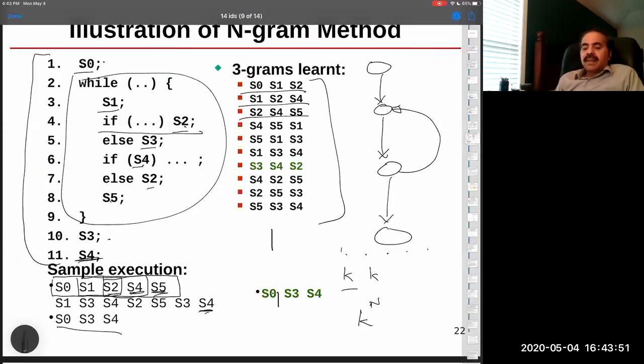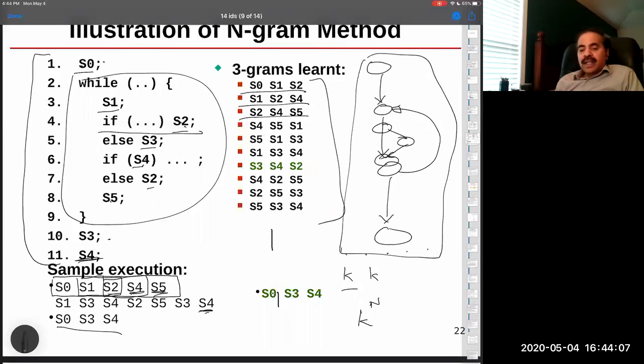So this picture shows you the structure of this program. Maybe there are further if-then-else conditions inside the loop and so on. But this picture of the program, sometimes called the control flow graph of the program, looks very much like a finite state machine with states and transitions.